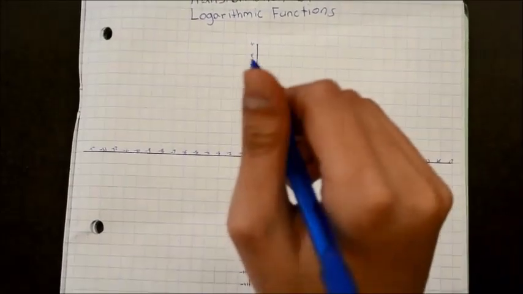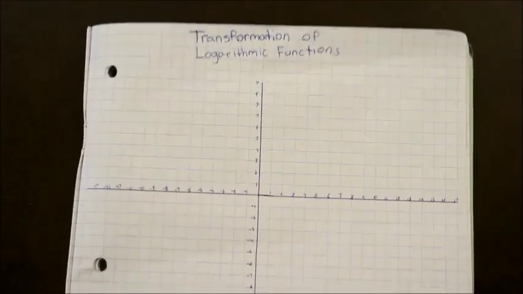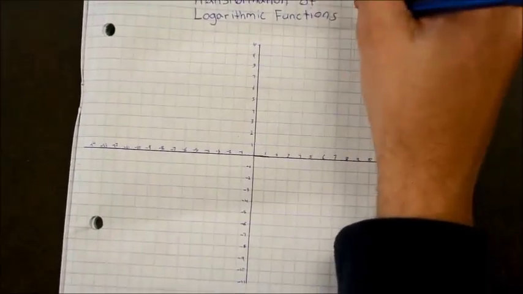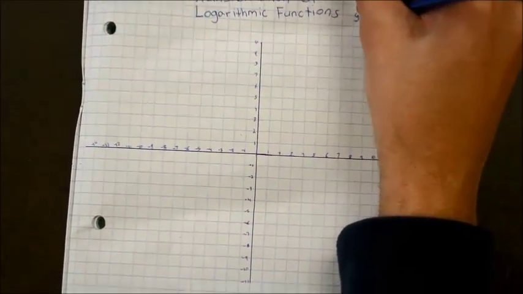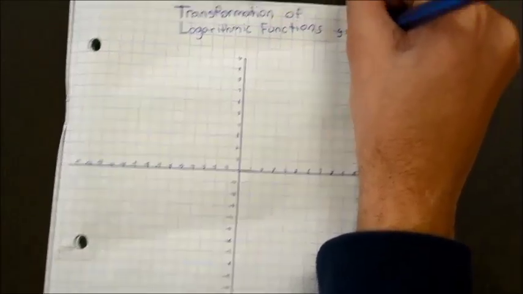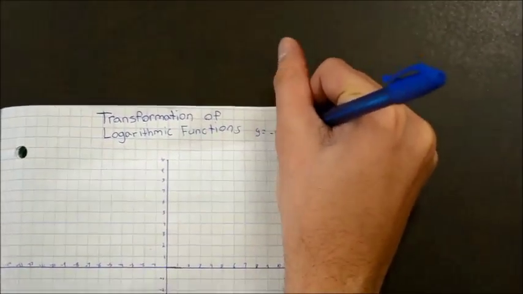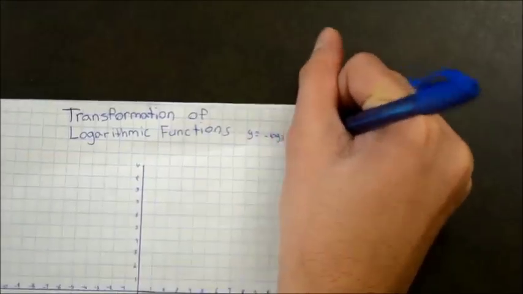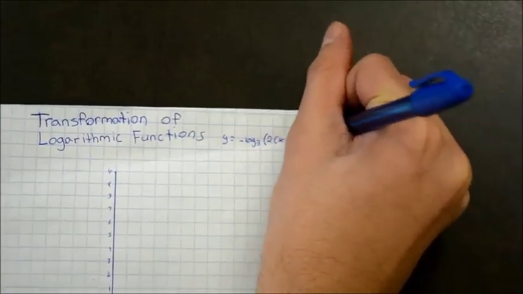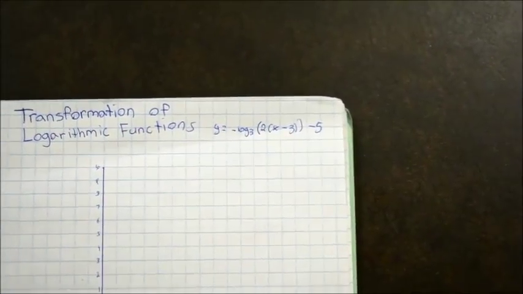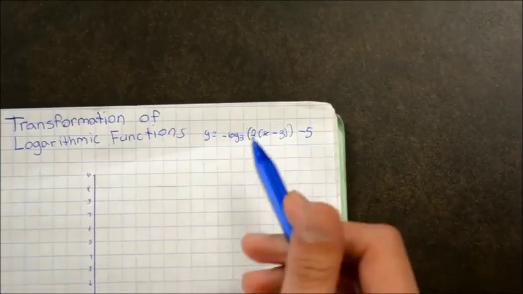Today, I'm going to be explaining transformations of logarithmic functions. So here we have our equation y equals negative log base 3 of 2 times bracket x minus 3 bracket minus 5. So first I'm going to start by graphing our basic function.